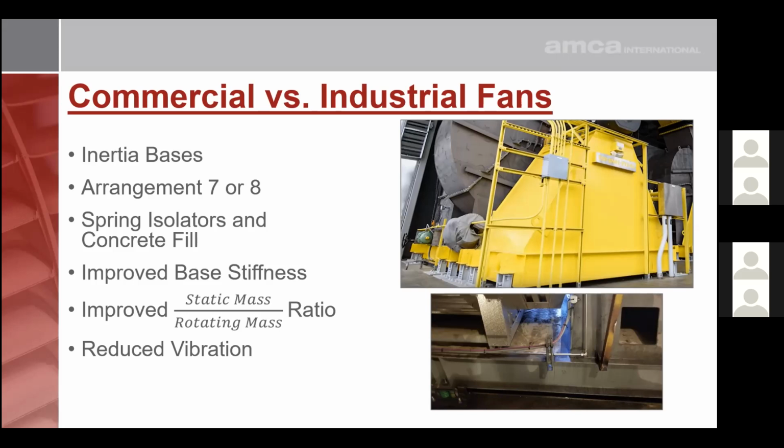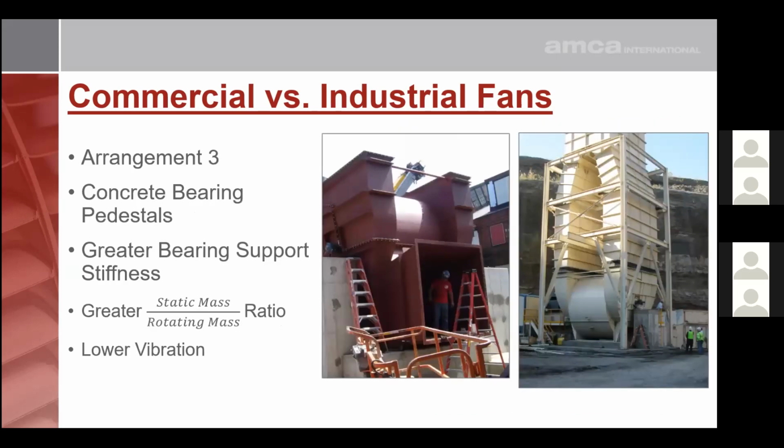So the static mass, or the concrete mass, will be, say, 5 times the mass of the rotating element. That's obviously to improve the stiffness, and as well reduce the response to vibration.